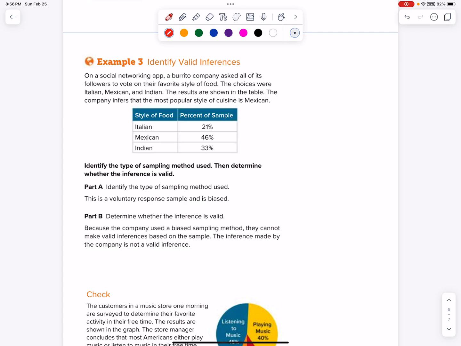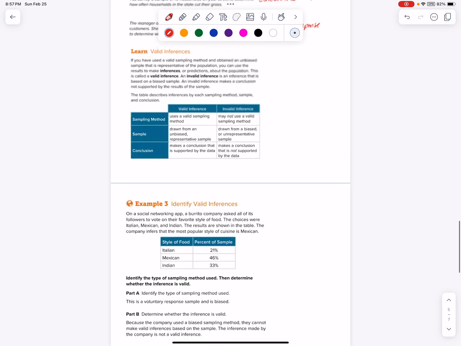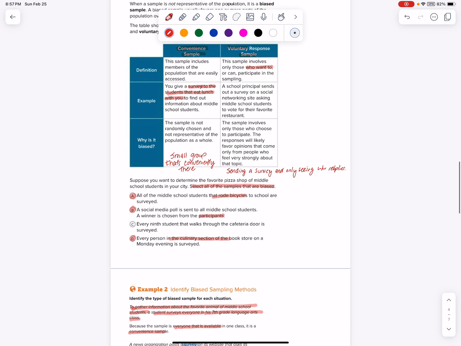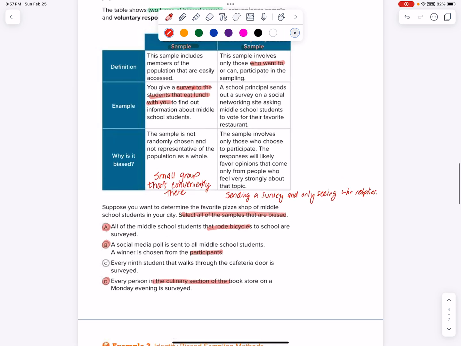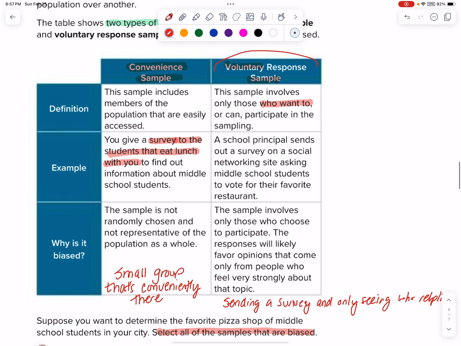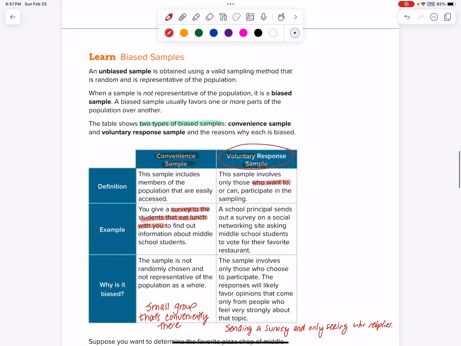Okay, so the company said, hey, our most popular style of cuisine is Mexican. Okay, so I want you to think about this. They just put it out on their app and asked people to reply. So going back up, which one is that if you just send out surveys? Oh, right here, sending out surveys, voluntary response, and these are all biased. You can't do that, okay?